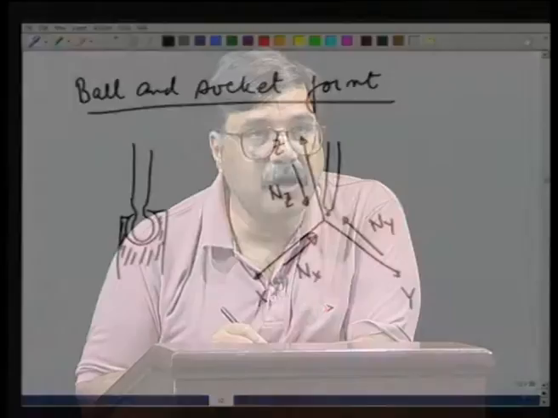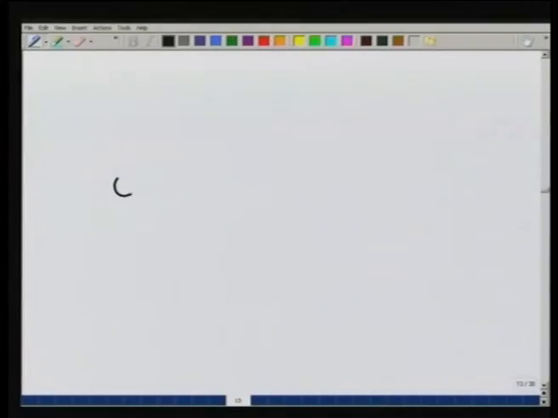Let us solve a problem using this concept. Suppose a person wants to lift a very heavy load, and what he does is digs a hole in the ground and puts a long pole in it. He hangs the weight somewhere in the middle, let us say at a distance of L1.